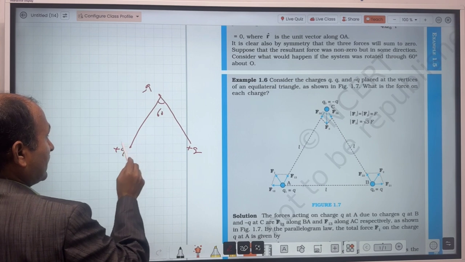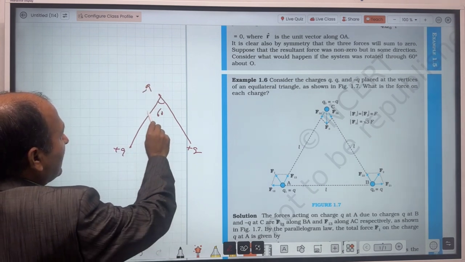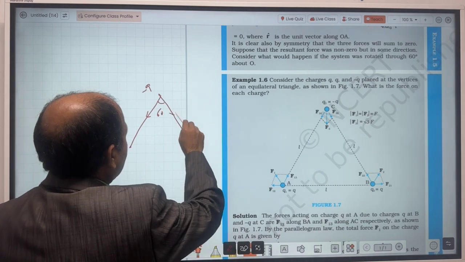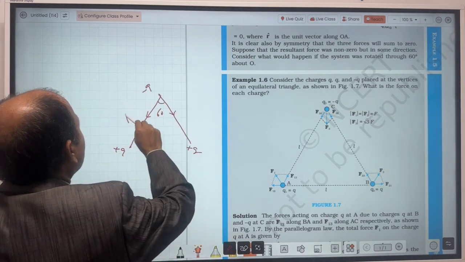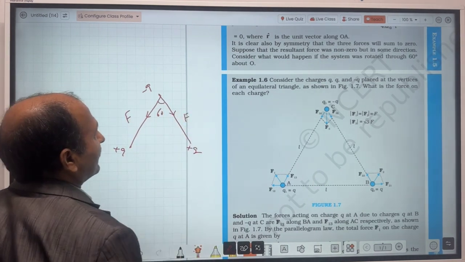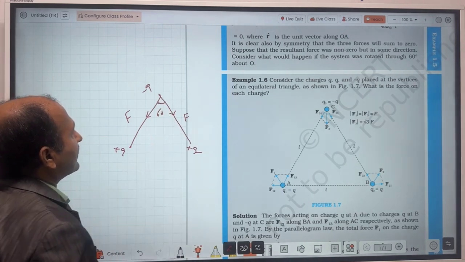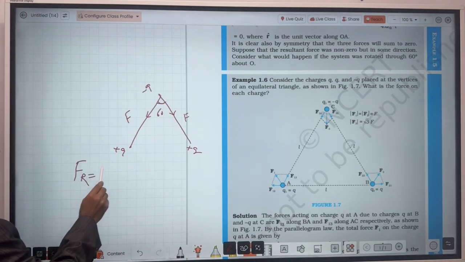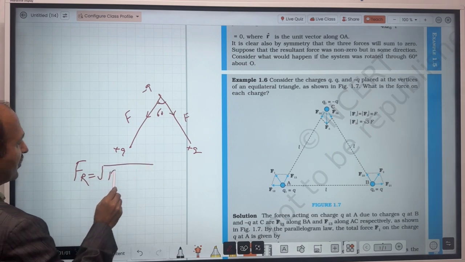So this is fixed, this is negative, so it will move in this direction, and here due to this charge, it will move in this direction. So there will be two forces whose magnitudes are same, F and F, and they are acting at 60 degrees. So this time F resultant can be found by applying the formula.